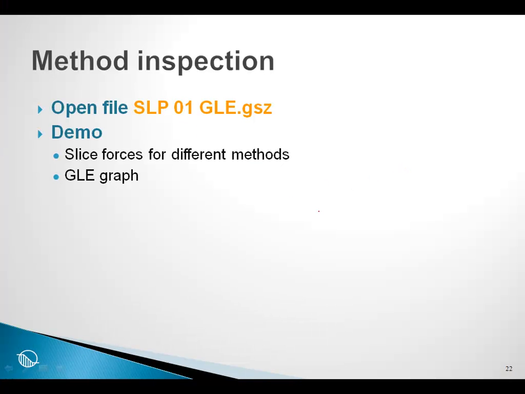So we have explored how to look at slice forces for the different methods and see what forces are included on the slices for the different methods, and we have shown how to develop and produce a GLE graph and how to interpret the GLE graph.